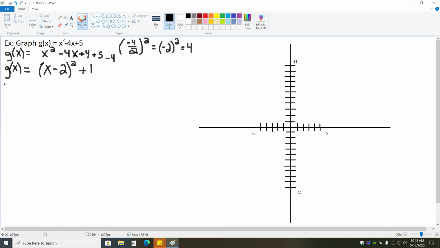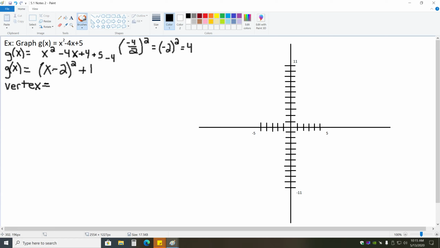So let's start off with the vertex. What is the vertex? Well, it's h comma k. Remember, our formula is a times x minus h quantity squared plus k. So h is always subtracted.